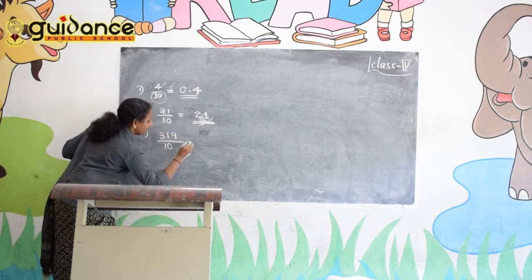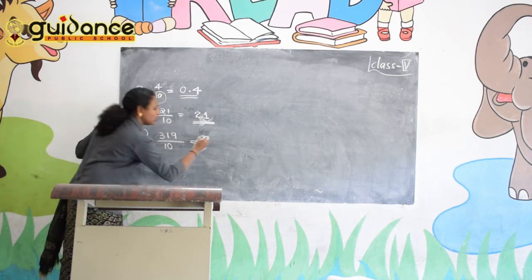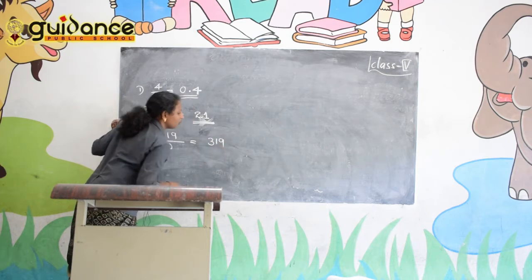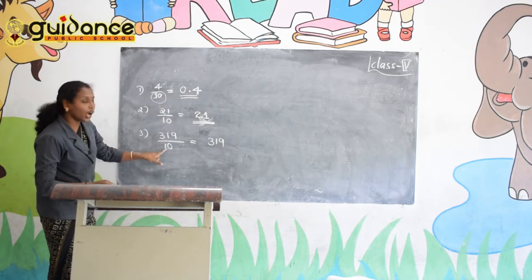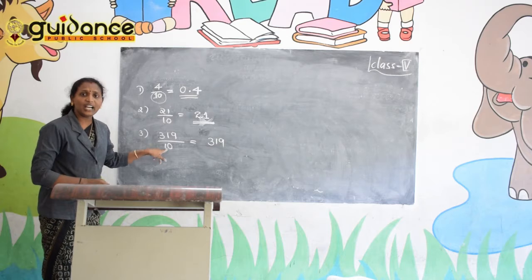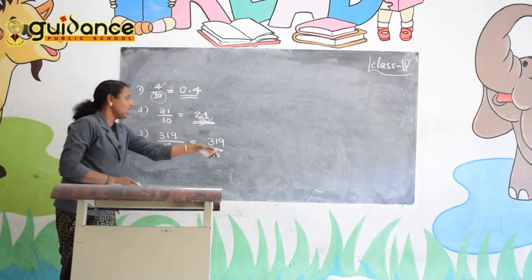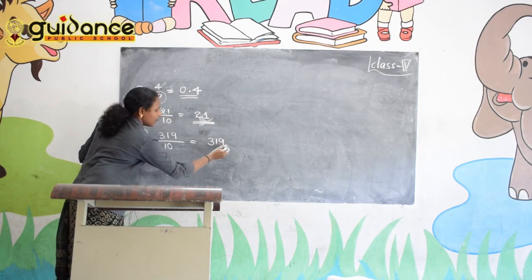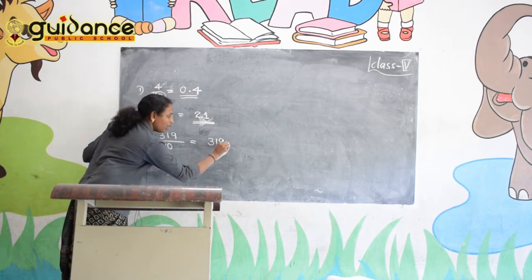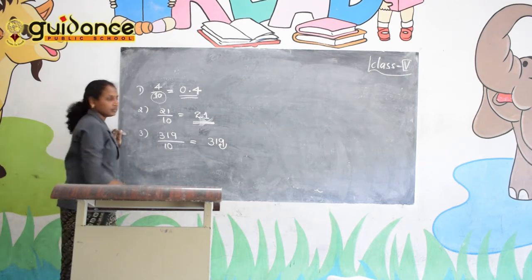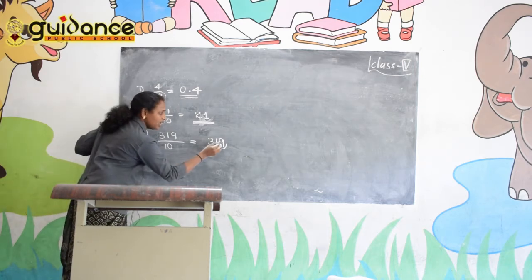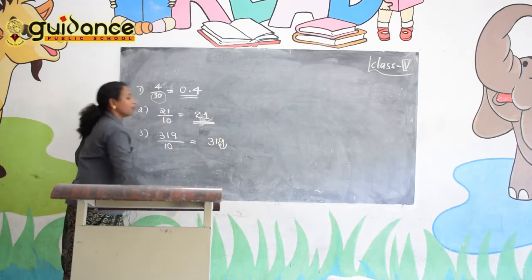319 by 10. First we have to write the numerator. Then we count that the denominator has only one zero. Then we move one place. That means we start here, one place, we come here, and here we put the point.